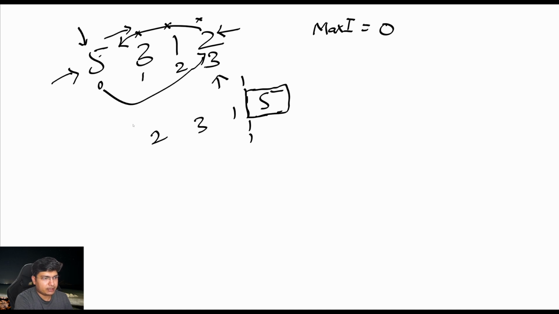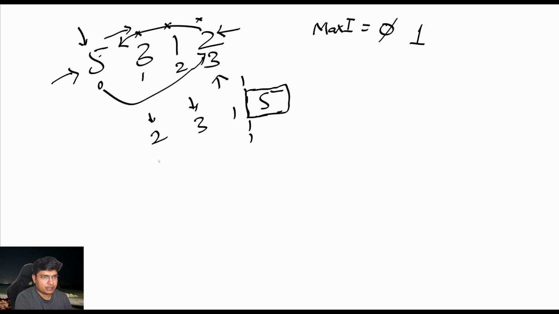And now I start again. I take max I as 0. I go ahead and do the comparisons: is 3 greater than 2? Yes, 3 is greater than 2. Then my max I is now 1. And I again compare with the 1 over here, and 3 is greater than 1. Yes, 3 is greater than 1. So max I still remains the same.